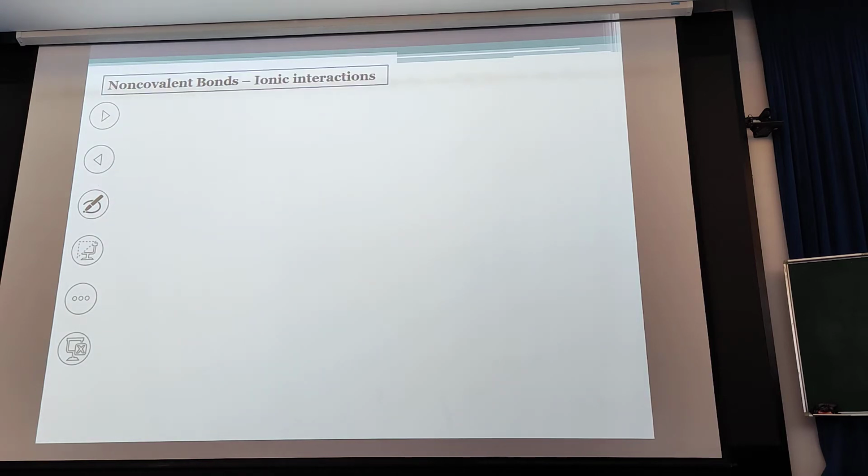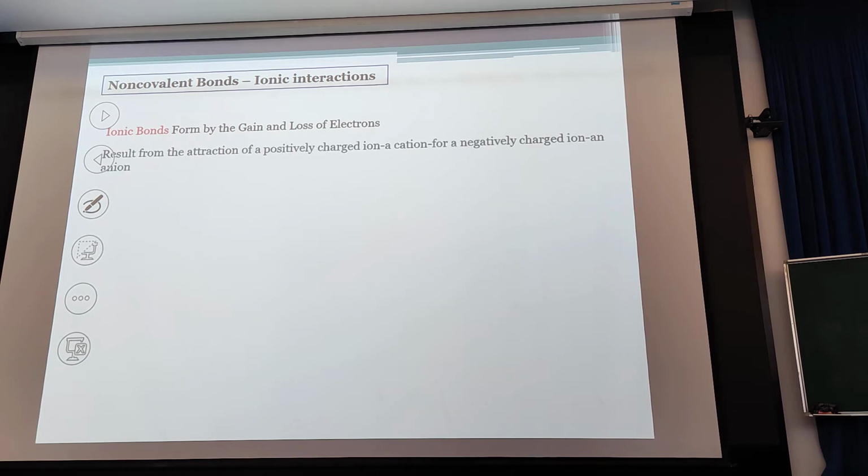For the next part, we study the non-covalent bonds, and the most important are the ionic interactions. Ionic bonds can form by gaining or losing electrons, while in covalent bonds the electrons are shared, right? The ionic bond results from the attraction of positively charged ions, which we call cations, and negatively charged ions, which we call anions.